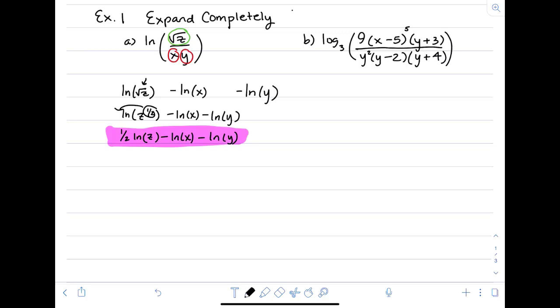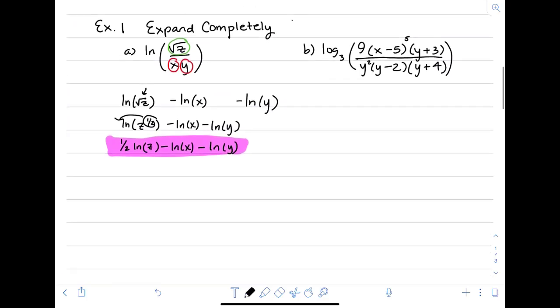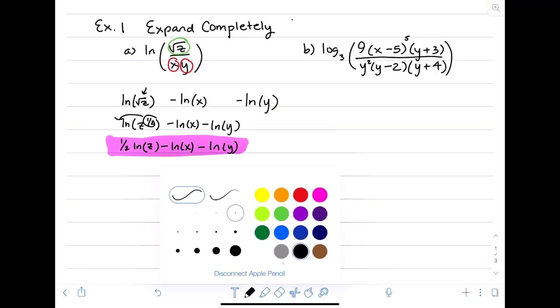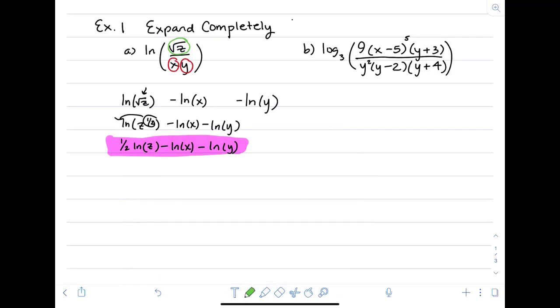Okay, so let's take a look at our next example. Circling all our terms in the numerator, I have a 9, I have x minus 5 to the 5th, I have y plus 3. Notice these are terms in a product, not terms in a sum or difference. In the bottom, I have y squared, y minus 2, y plus 4.